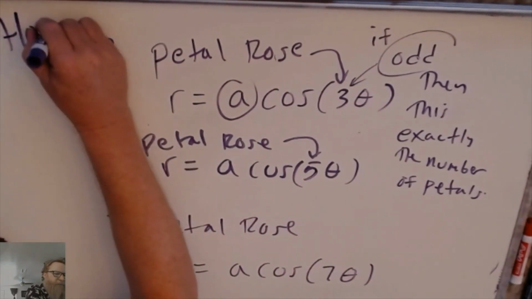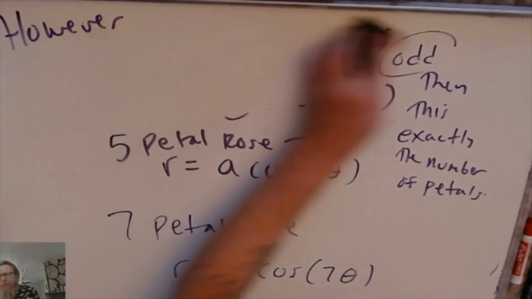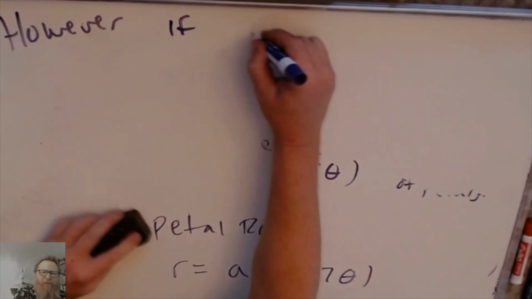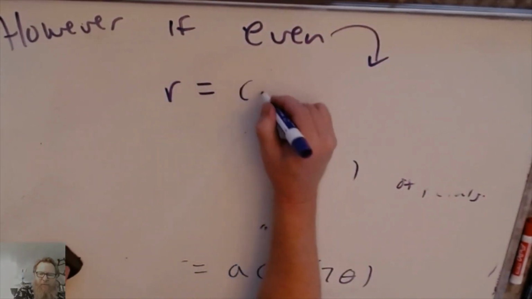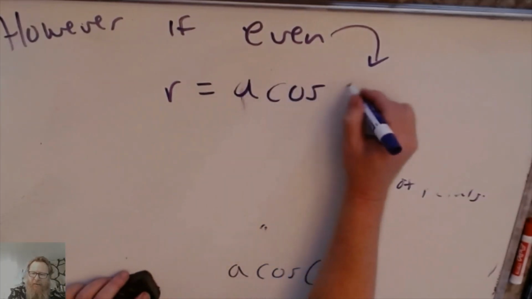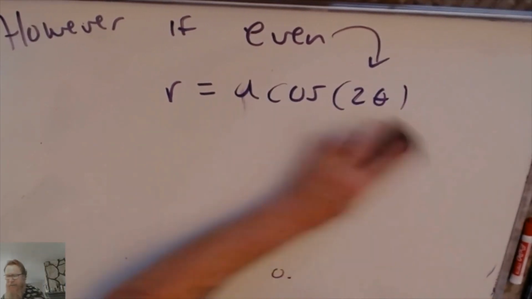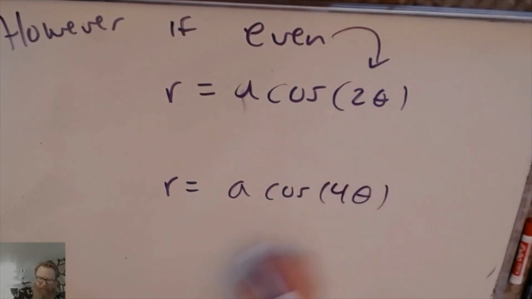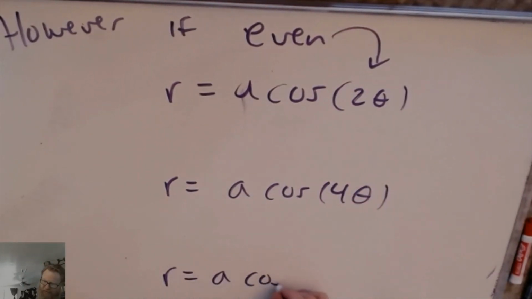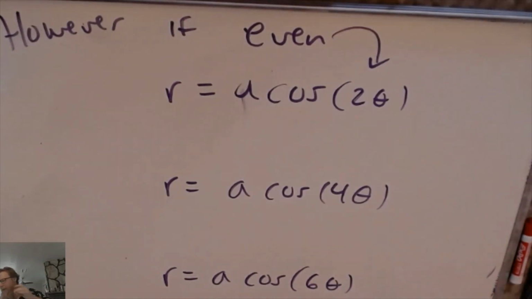However, if even, so R equals A cosine 2 theta, or R equals A cosine 4 theta, or R equals A cosine 6 theta, then it's double.